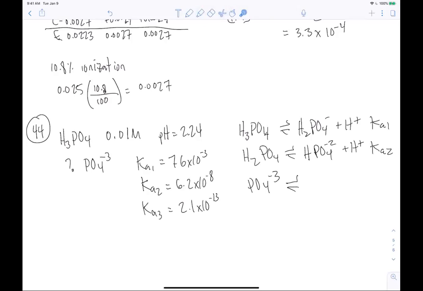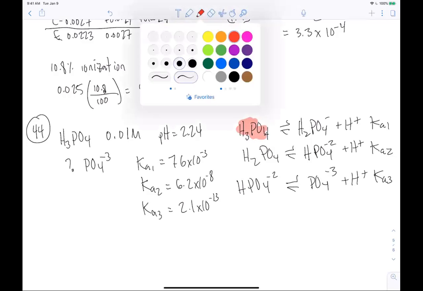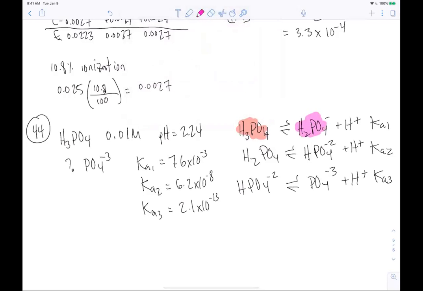If this is confusing you, here's my acid, here's my conjugate base, and you can see that the conjugate base then enters into the next Ka value.